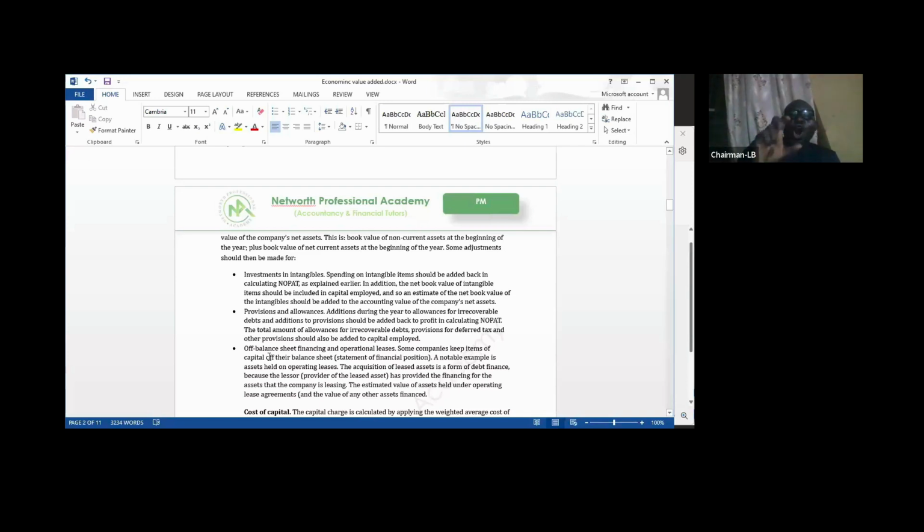Lastly, off balance sheet financing and operating leases. I've mentioned this before.